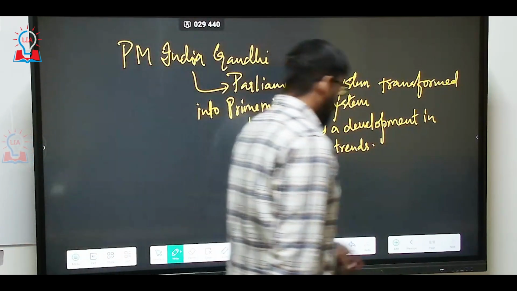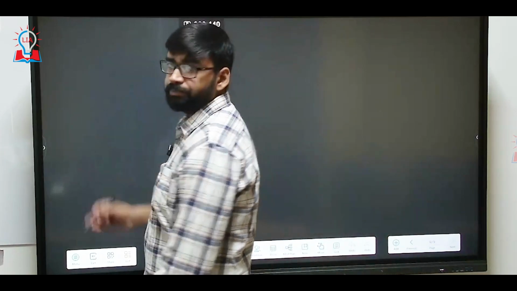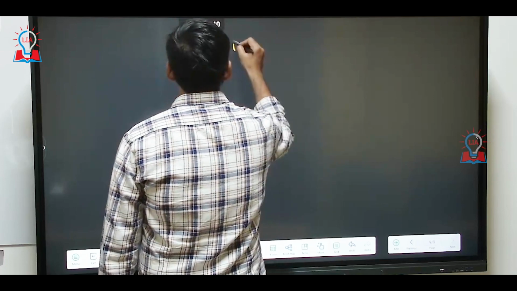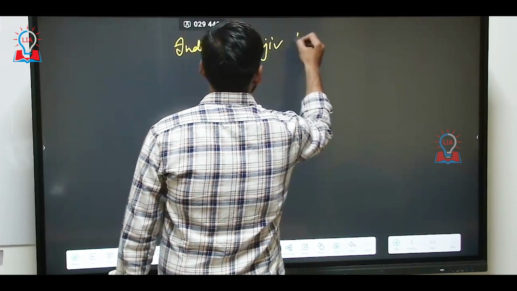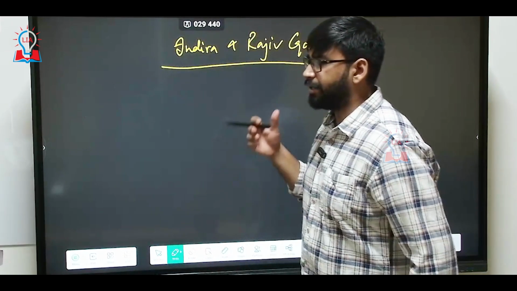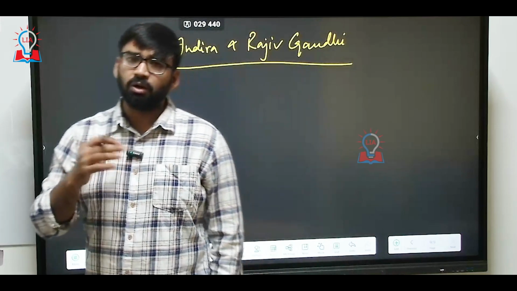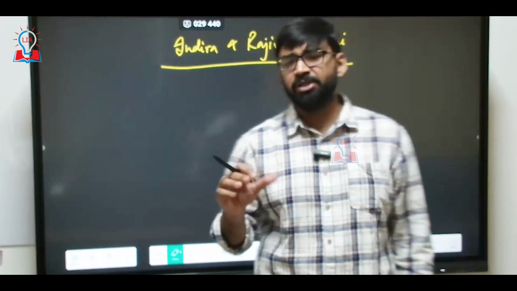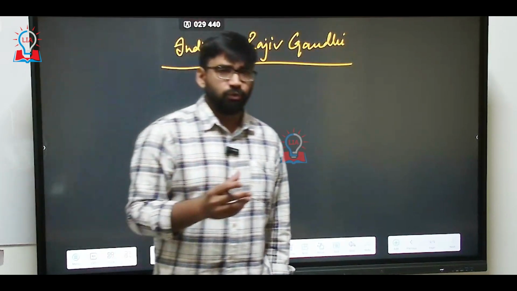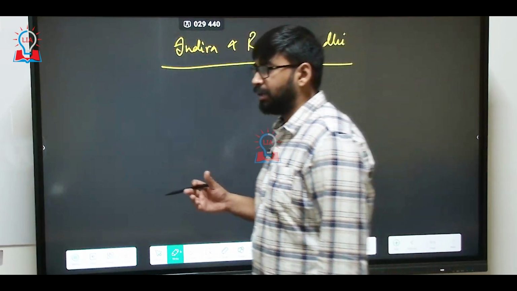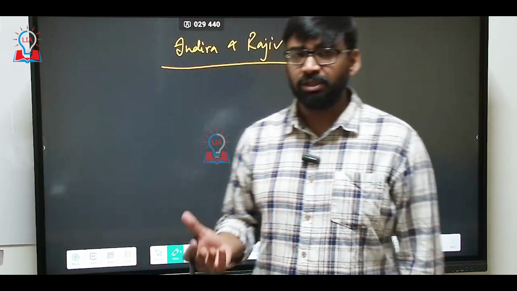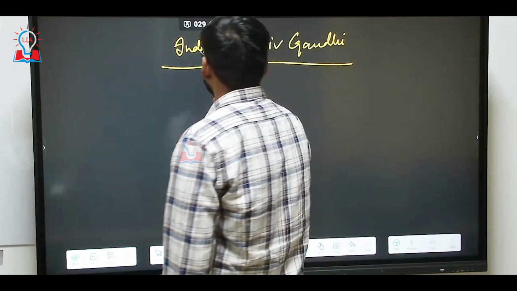Getting my point? And after Indira Gandhi, Rajiv Gandhi came. So both Indira Gandhi and Rajiv Gandhi, there was a collapse of cabinet system. That means at that time, cabinet system was not powerful.